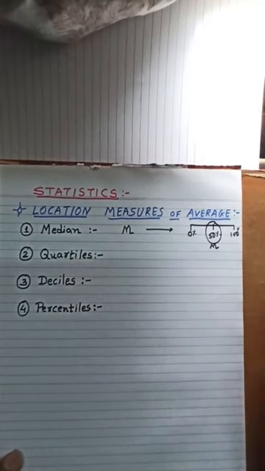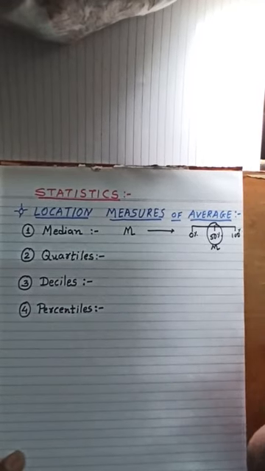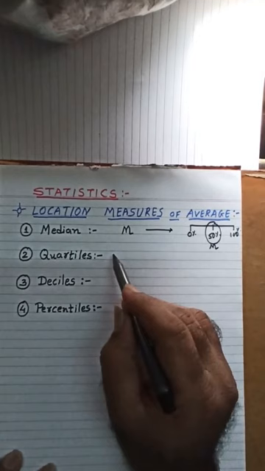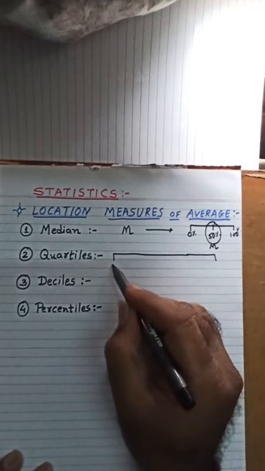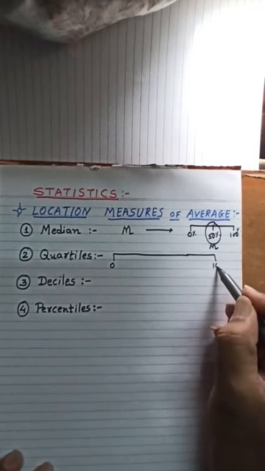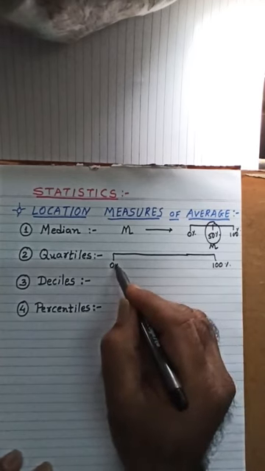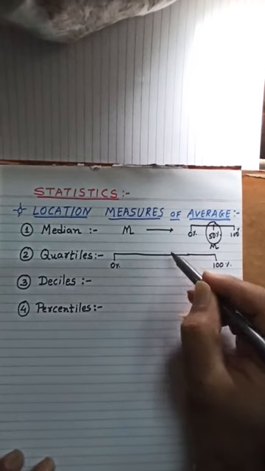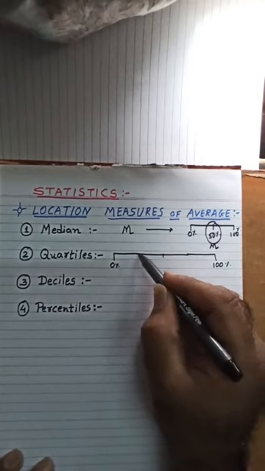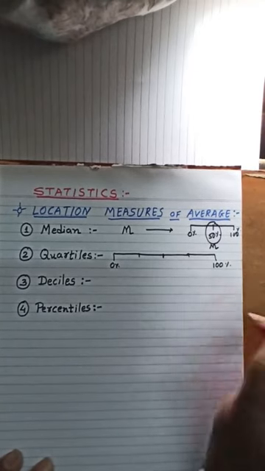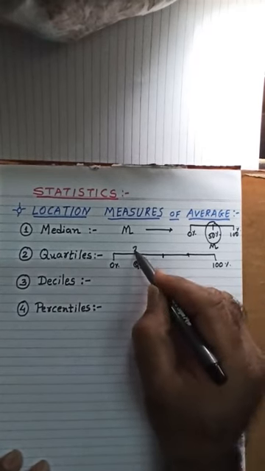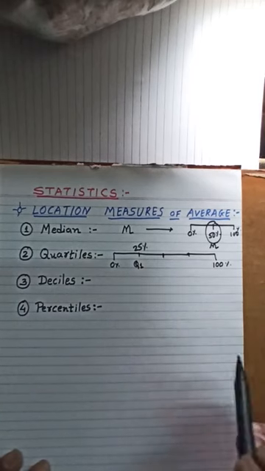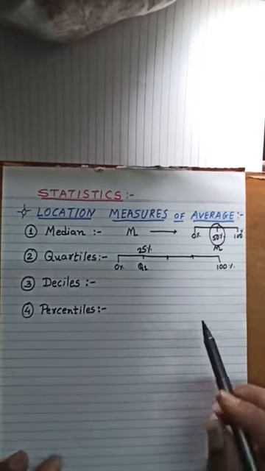In median, we have to find the observation which is exactly in the middle of the data. In quartiles, there will be 4 parts. If we start from 0 and end at 100%, there will be 4 parts: 1, 2, 3 and then 4. At 25%, Q1, the first quartile, will be located.